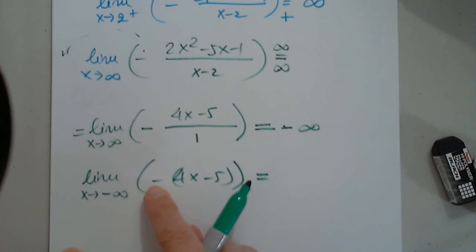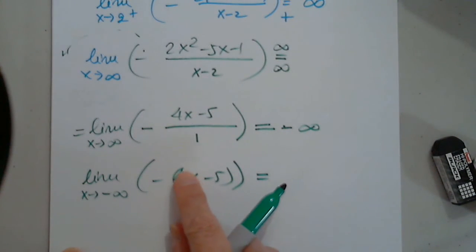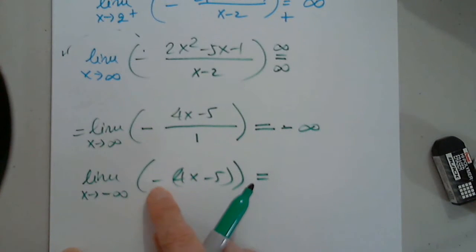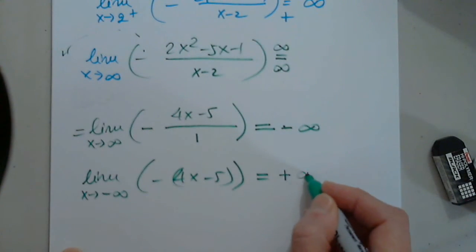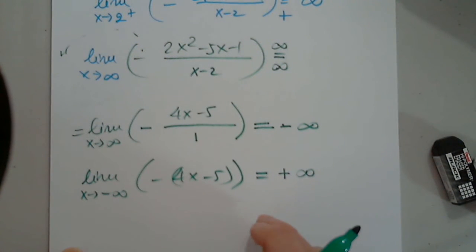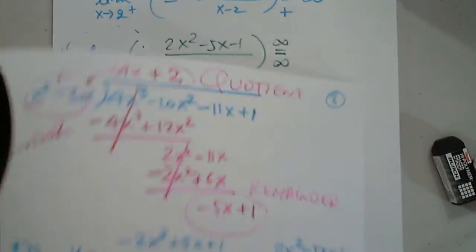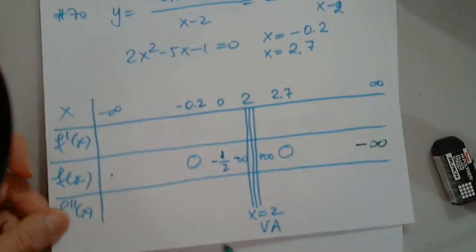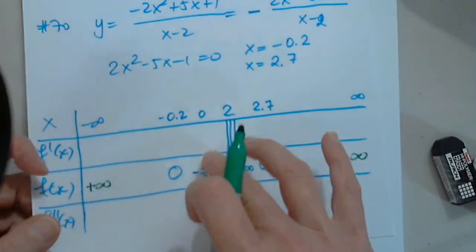Infinity. So when x approaches negative infinity, this becomes negative infinity, and there is a minus in front. Is that clear, everyone? Yes. Okay, perfect. So then we have here infinity. Done. Let's move on to the first derivative.